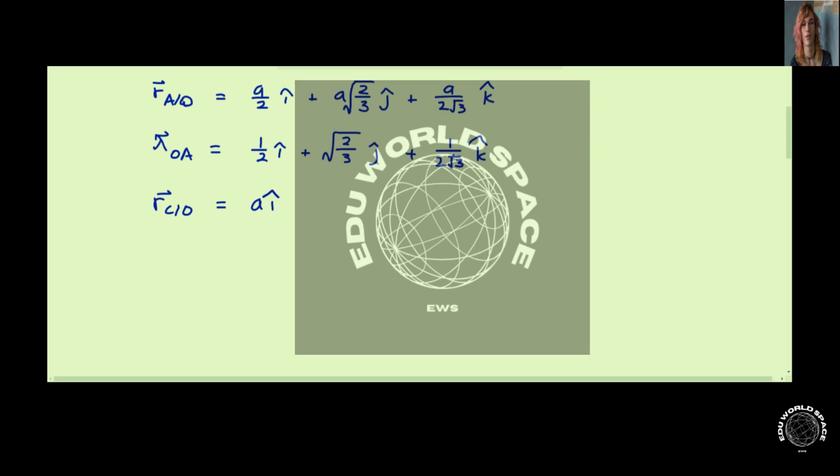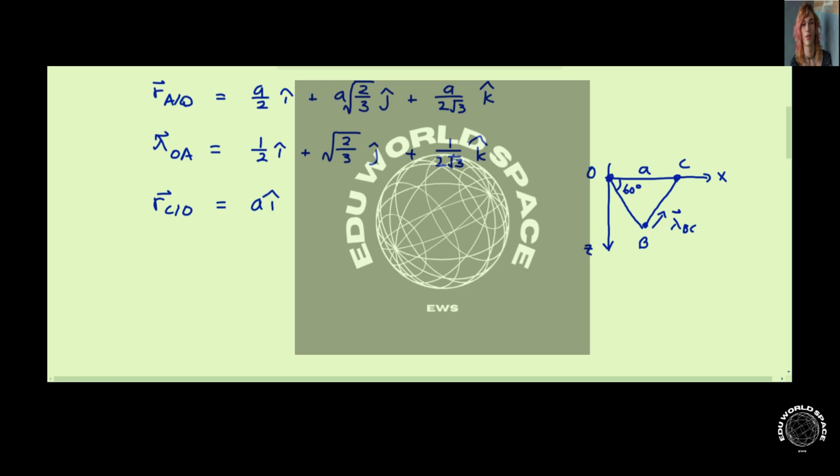The next thing we need is the vector P. So we look at the OBC triangle again, and this is 60 degrees. This is A. So the unit vector BC.